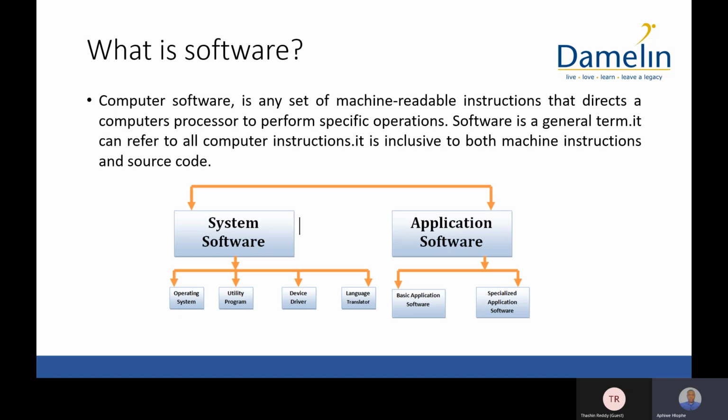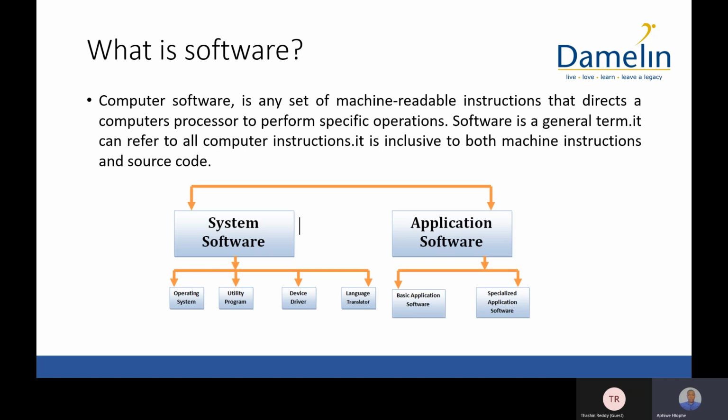Okay, so just to provide some context, the term software, what did we say it means? It's any set of machine-readable instructions that direct a computer's processor to perform specific operations. Software is a generic, general term. It can refer to all computer instructions. It is inclusive of both machine instructions and source code.